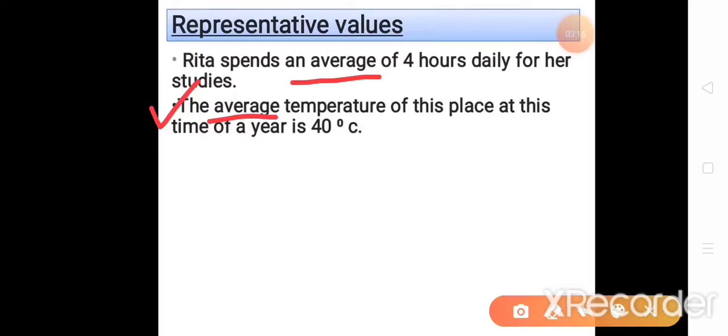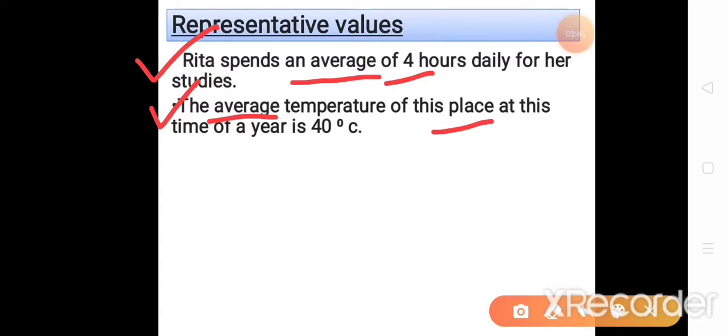For example, for the first case, we came to know that on a daily basis she spends almost nearer to 4 hours daily for her studies, right? And also in regard to the second case, the daily temperature of that particular place goes below or beneath 40 degrees Celsius.